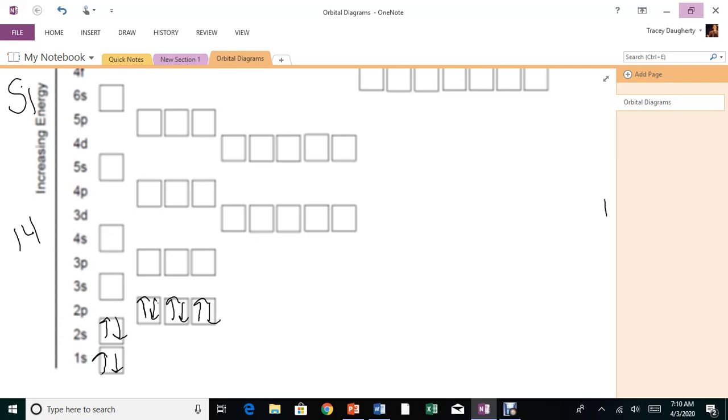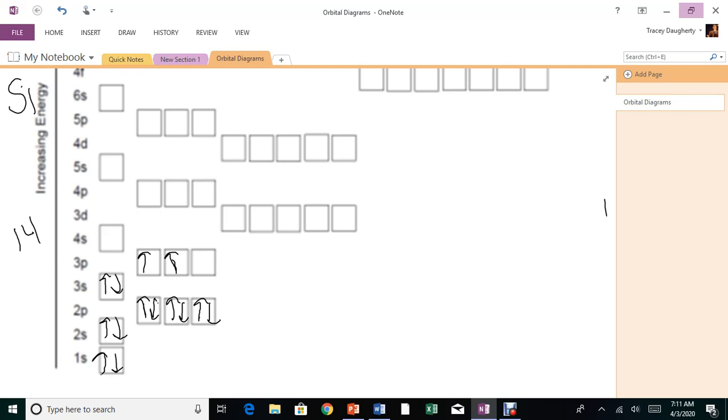That gives us 10, 11, and 12 are in the 3s, 1 up, 1 down, and then 13 is an up arrow in the first box in the 3p, and 14 is an up arrow in the second box in the 3p.